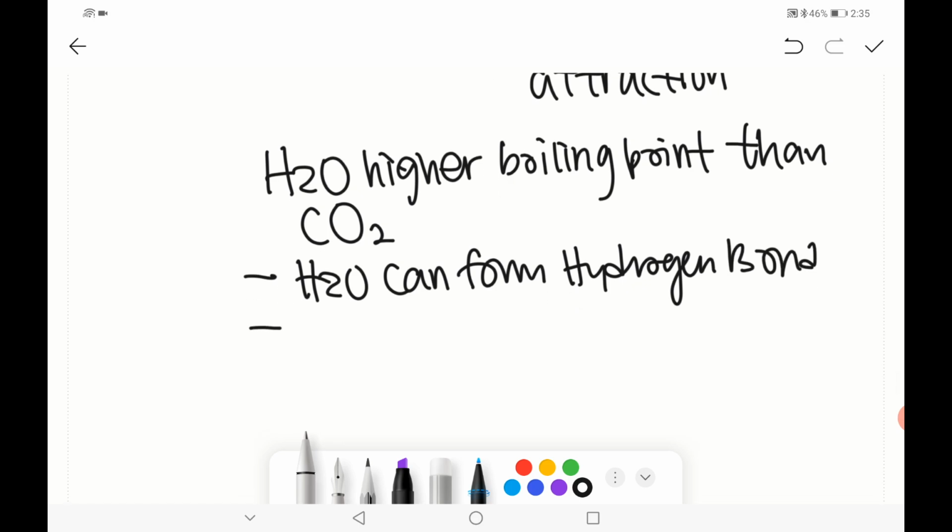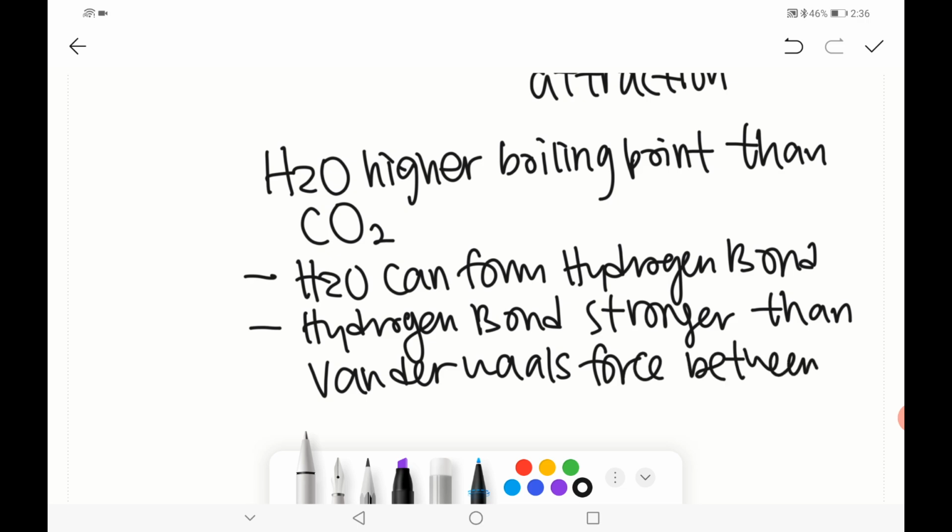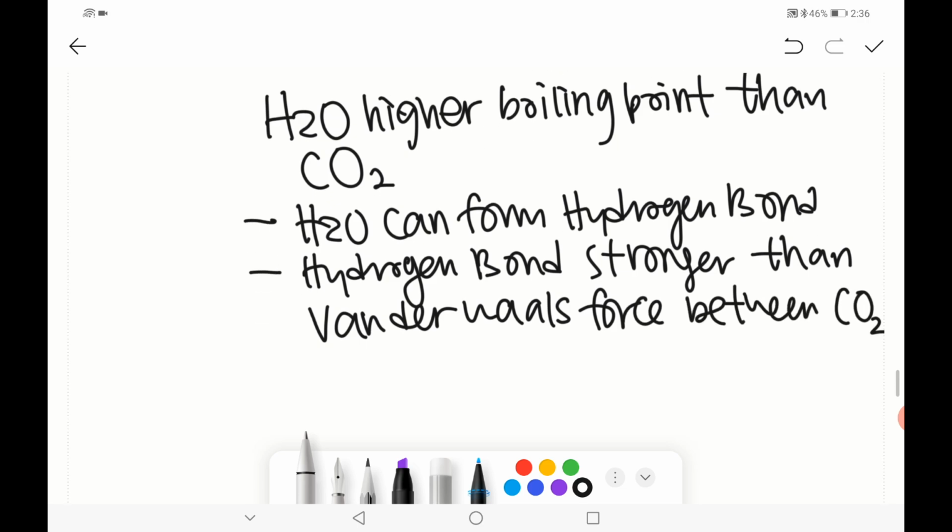The hydrogen bond is actually stronger than the van der Waals force between the carbon dioxide molecules.